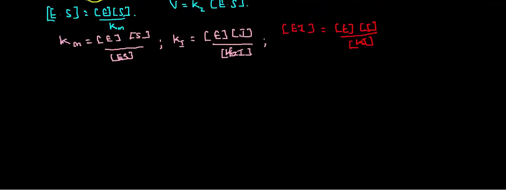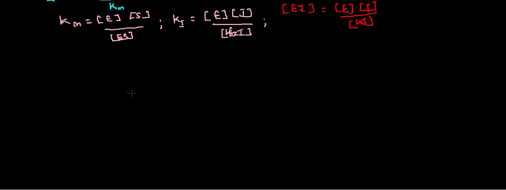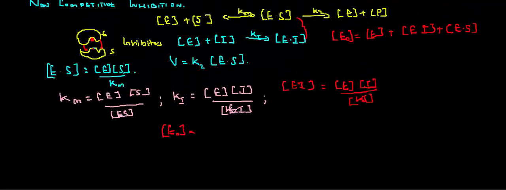All right, now if that is settled, I can say that my E naught is equal to, I already said it earlier that E naught is equal to E plus blah blah blah. Now this place is a little bit tricky, so let's just look at something here. E naught will now be equal to, if I factorize E out, I will have 1 plus, now for EI, it is I over KI.